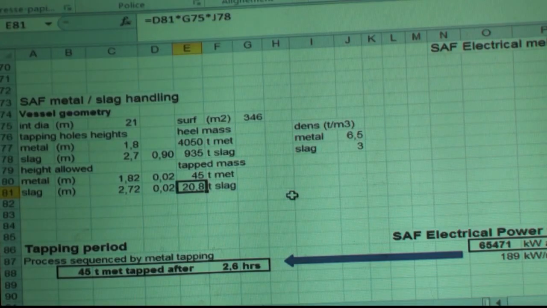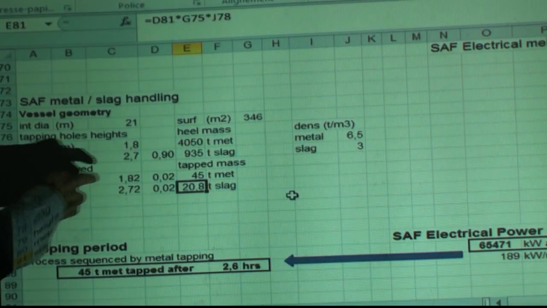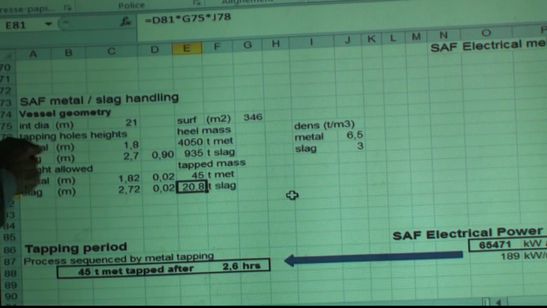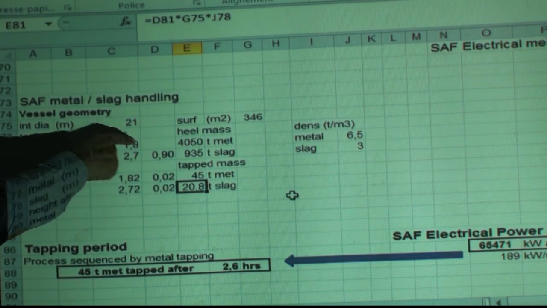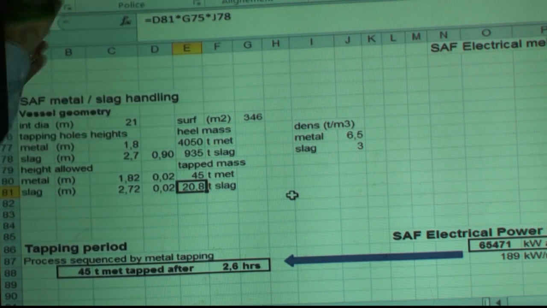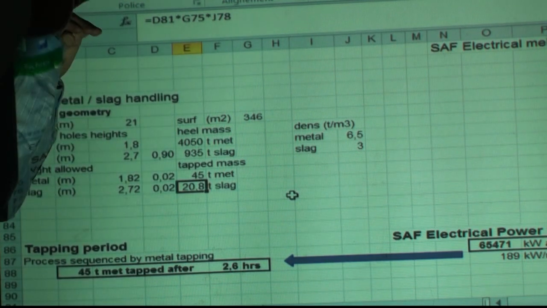You remember my drawing in the PowerPoint? You always have some metal over the tapping hole. Therefore this is not correct. This must not be the tapping hole height, but the tapping hole plus safety height.